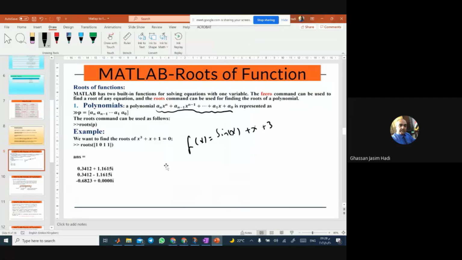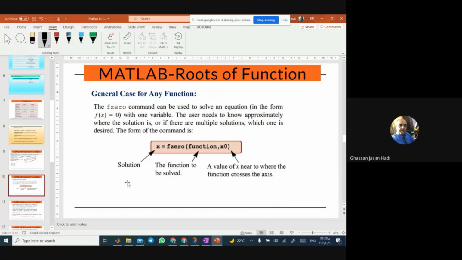If we have a function like this, we cannot use the roots command. Then what do we have to use? We have another command, named fzero. It means make the function equal 0.